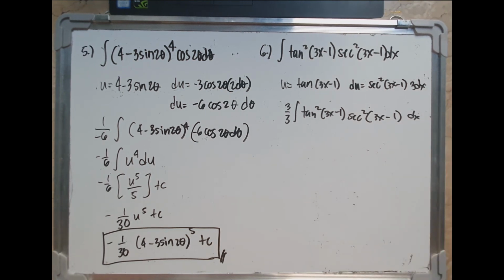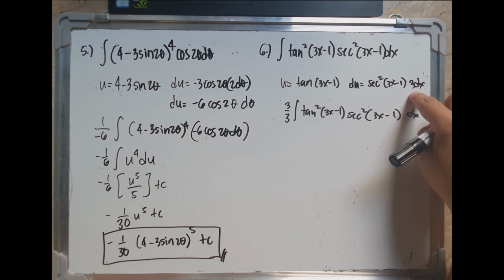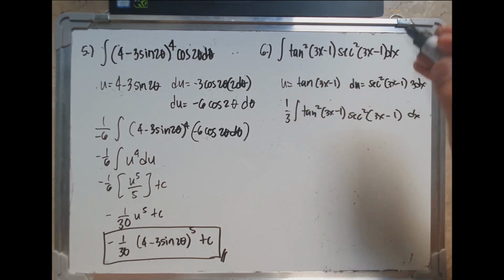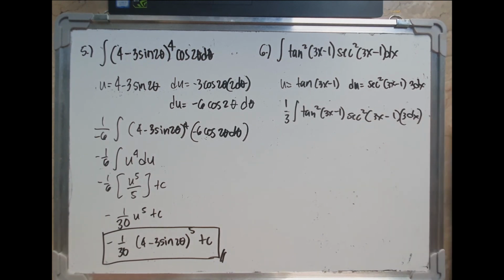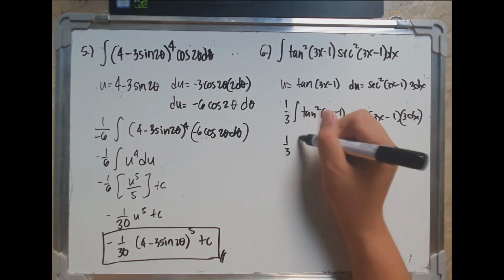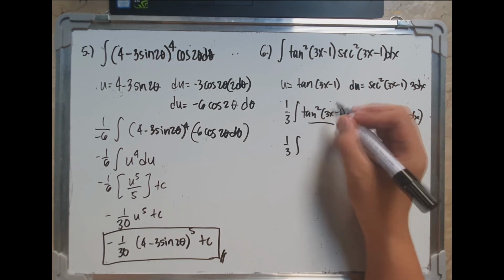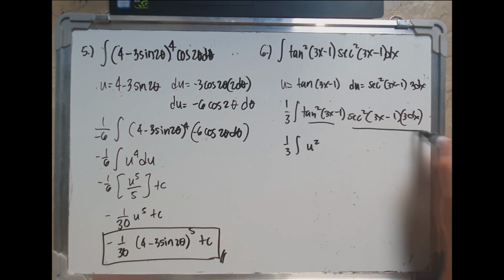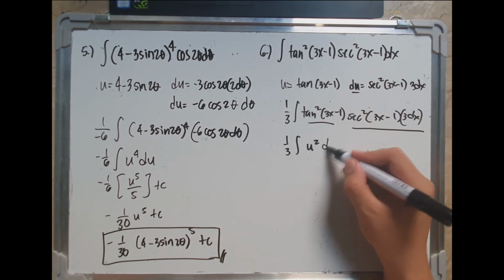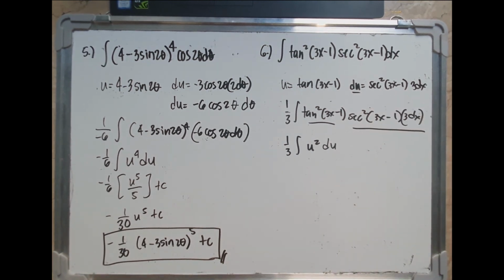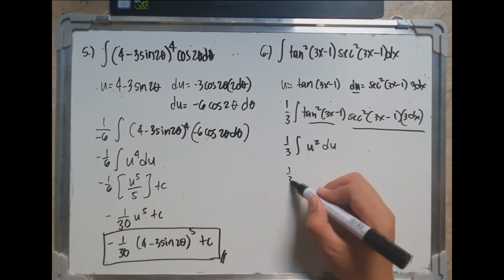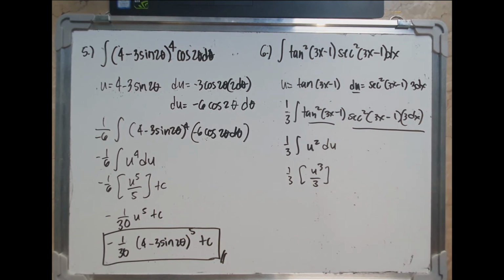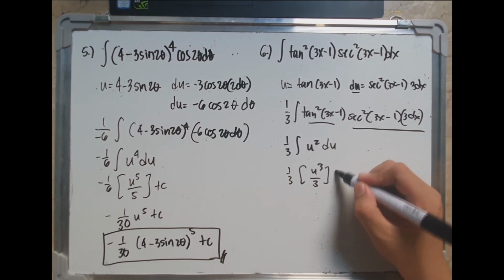dx. Rewriting the 3 inside, so we now have 3 right here. So this is now the form, obviously, with u squared, and we have the du. U squared du, that is equivalent to u cubed over 3 plus c.